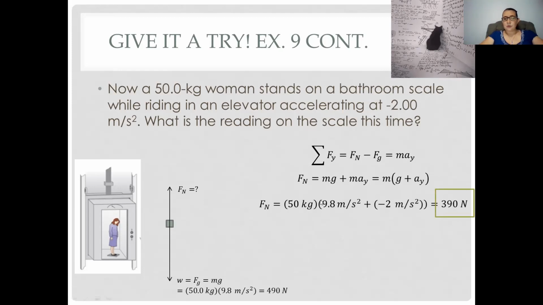And so when we do this math, we'll find that she ends up with a smaller normal force, or a smaller apparent weight, when the elevator starts accelerating downward. Hopefully that makes sense to you, because hopefully this is something that you've experienced firsthand, even if you didn't have a scale.